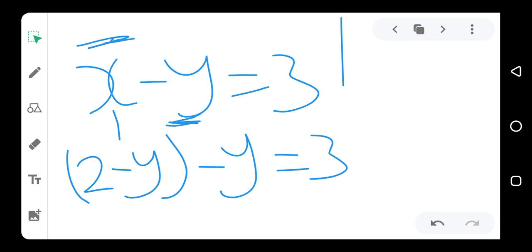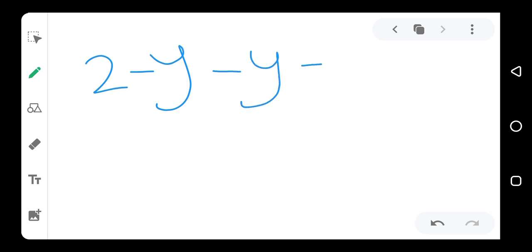For us to clear the brackets, it means 2 minus y, then minus y is equal to 3.